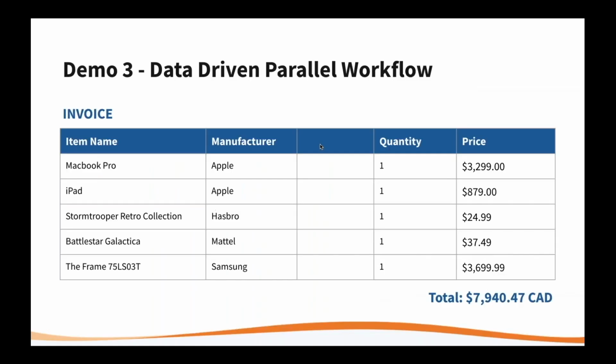So here we go. The first scenario is an invoice. We're processing an invoice that has a bunch of row items. The idea is that each of the row items can be processed individually.